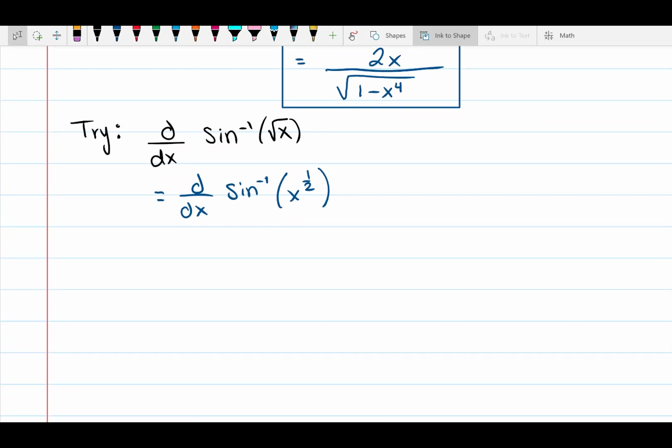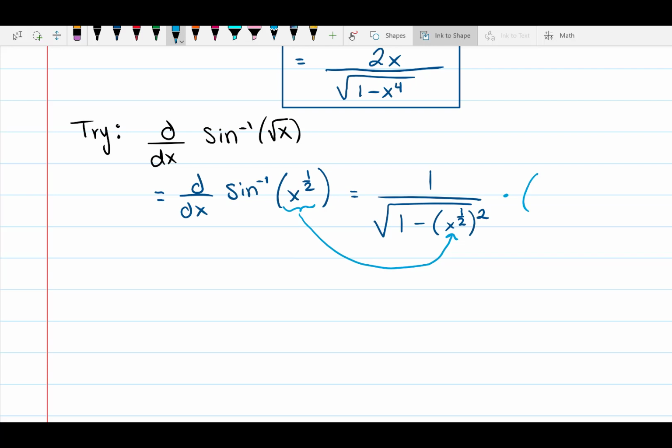So we get that this is equal to 1 divided by the square root of 1 minus x to the 1/2 squared. Again, this whole piece gets placed right inside the parentheses, and then multiplied by the derivative of x to the 1/2.